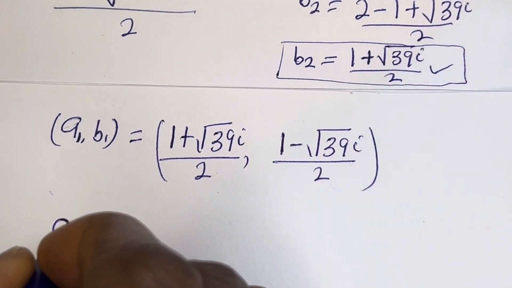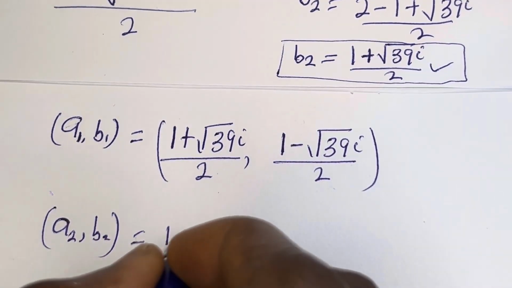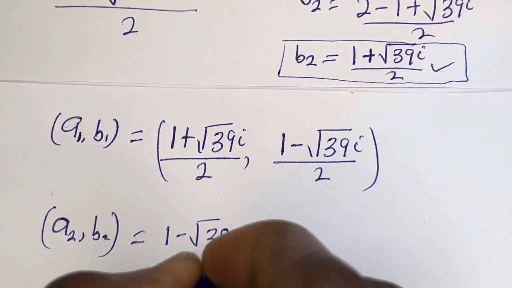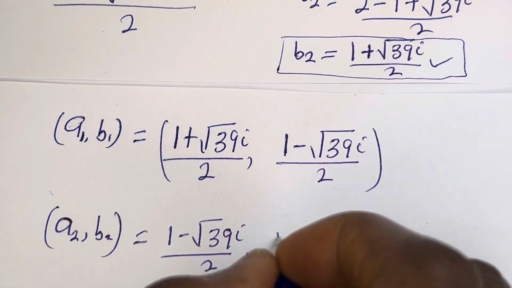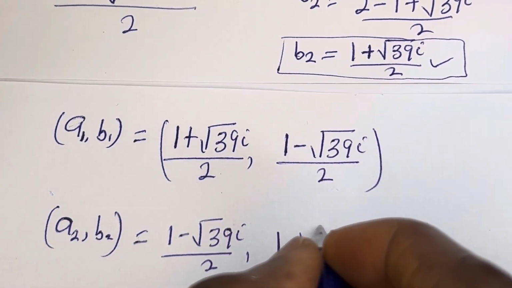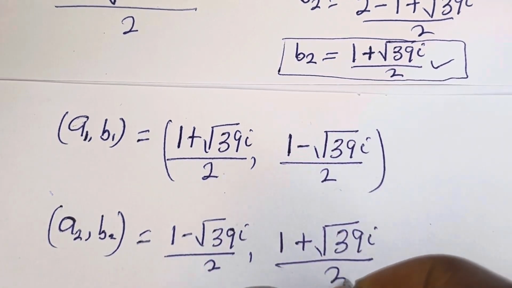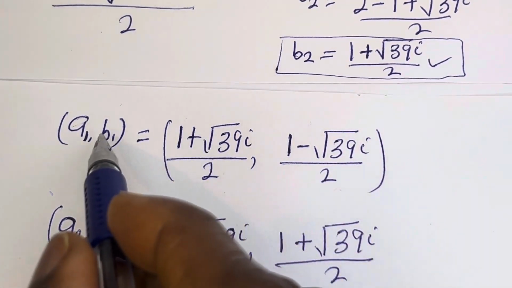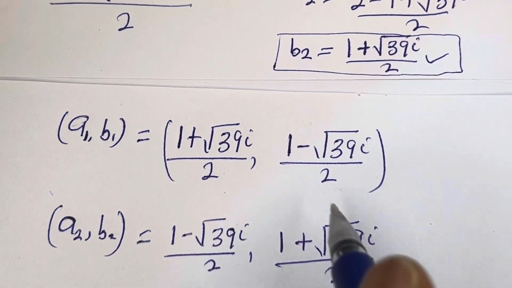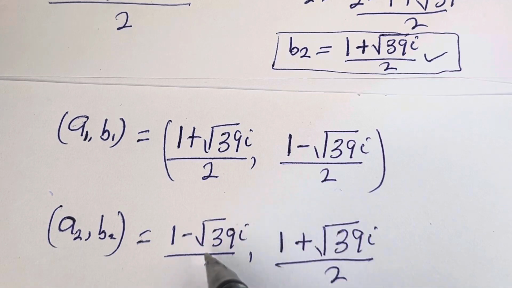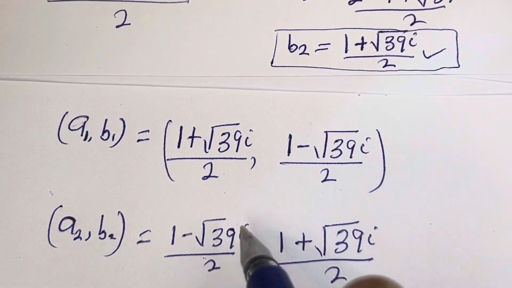Then a2, b2 is equal to 1 minus square root of 39i over 2, 1 plus square root of 39i over 2. You can see that from here, the value of a1 is equal to the value of b2, and the value of b1 is equal to the value of a2.